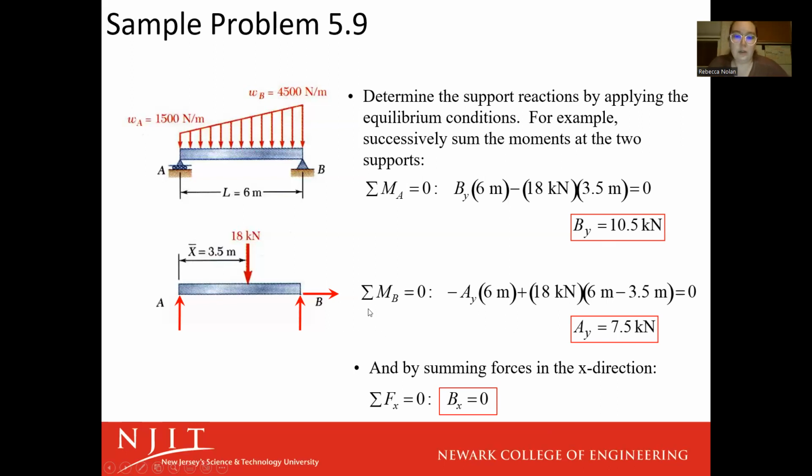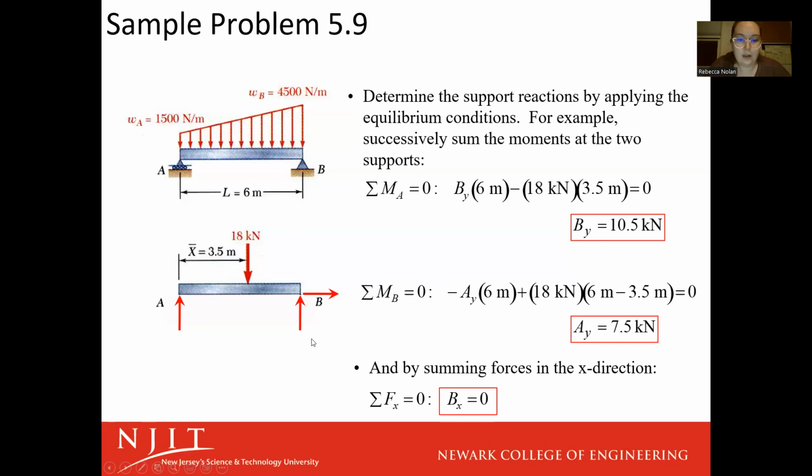So if you're somebody who is not good with moments, who doesn't totally understand them 100%, you would probably want to do one summation of moment because it's unavoidable. You have to do it at least once. But then for the other one, you could do, say, summation of forces in the y direction. So let's say we solved for By, and then we did summation of forces in the y direction.